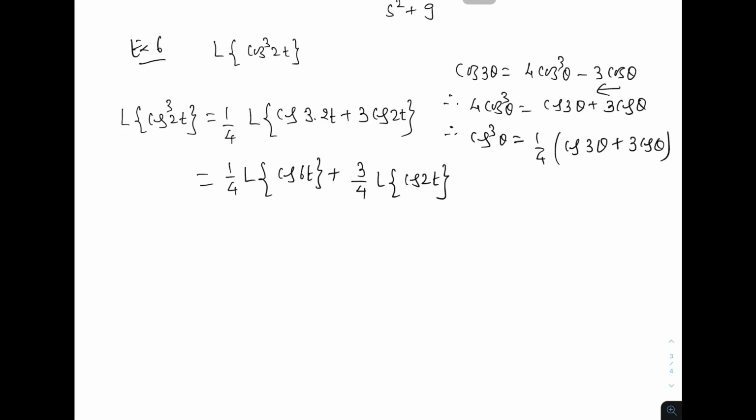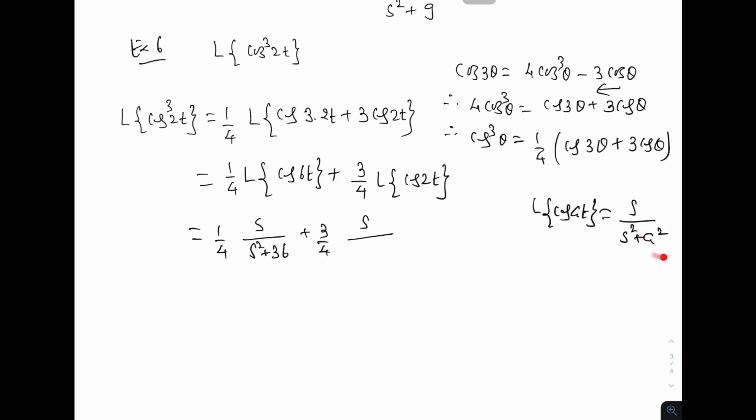cosine 2t. And so now the Laplace transformation of cosine at is nothing but s over s square plus a square. So here s over, now here a is 6. So here we need to put 6 square. So that is s square plus 36 plus 3 by 4 again s over, now here a is 2.